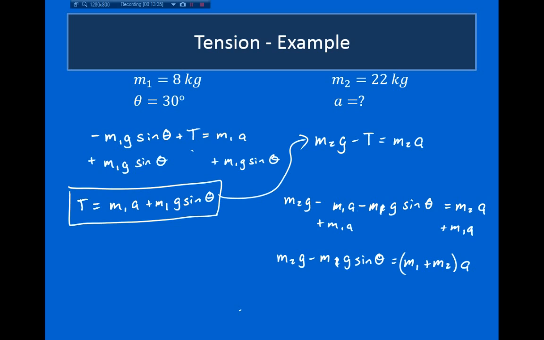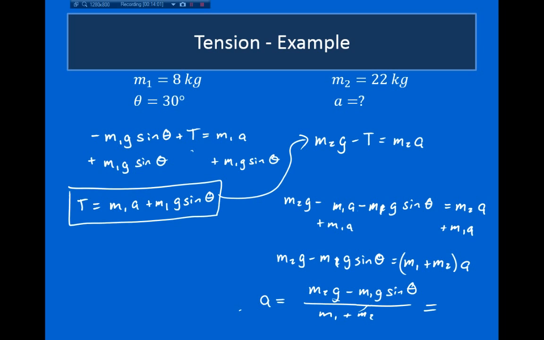So finally, dividing both sides by m1 plus m2, I get that the acceleration is equal to m2g minus m1g sine theta divided by m1 plus m2. And all of these values I know. I know m1 and m2. I can calculate sine of 30 degrees, and I know g is 9.8.